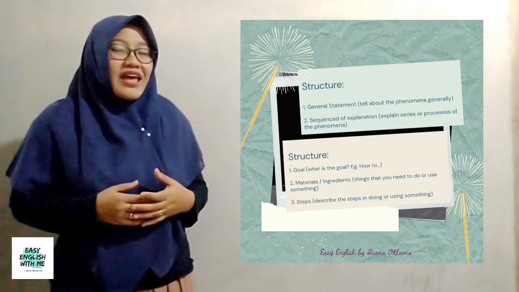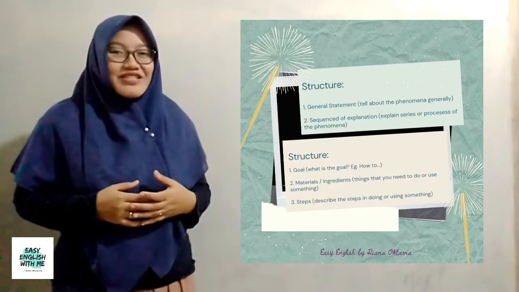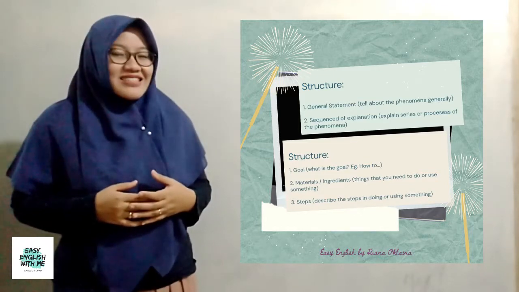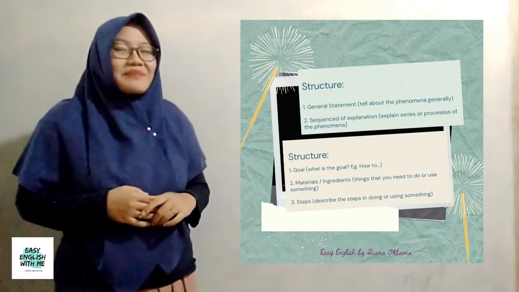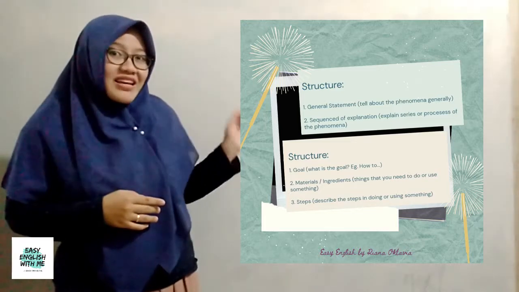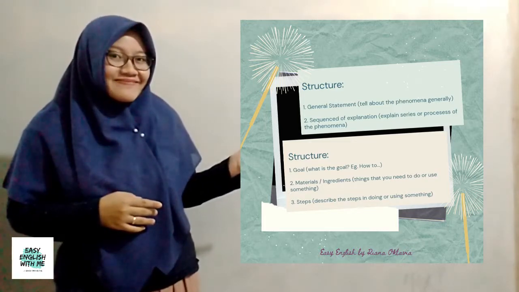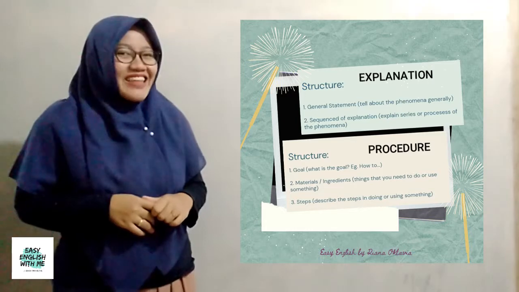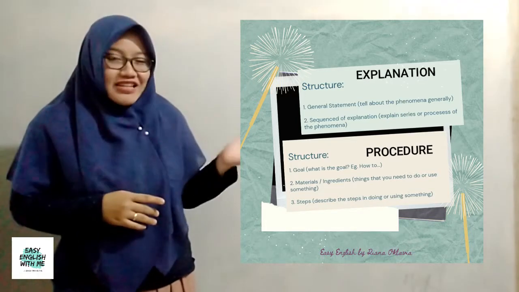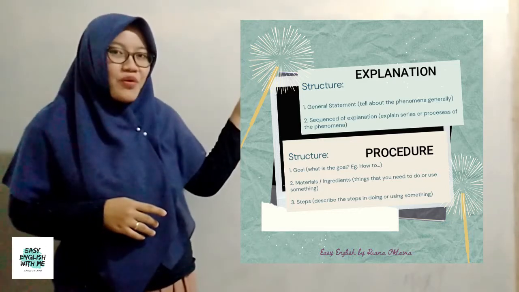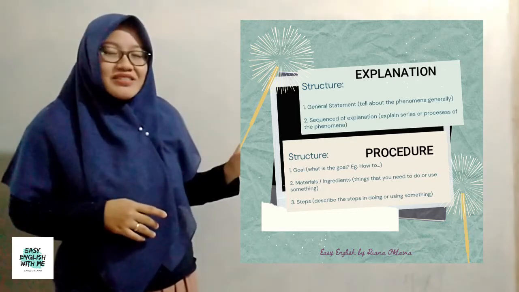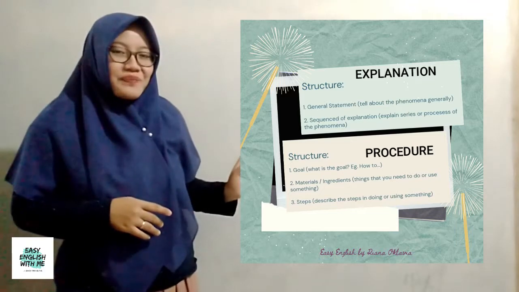Next, we are going to discuss and try to analyze about the structure of explanation text and procedure text. Yes, there are some differences about the structure of explanation and procedure text. Which one is explanation? Yes, that's true. Explanation text is the first one, the box number 1, and procedure text is box number 2.